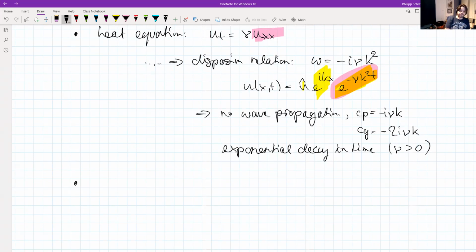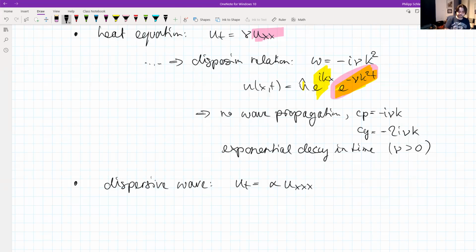Okay, but now maybe the last step, which is probably the most interesting here. Now we would like to find out what happens if I actually have a third derivative, because that's the leading error term that I had for my Lax-Wendroff scheme. And I'm doing this whole thing to understand what really the behavior of this third derivative is. So the example would be the equation of a dispersive wave: u_t equals alpha times u_xxx.